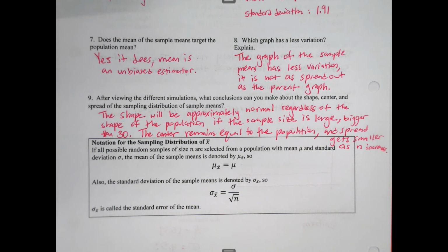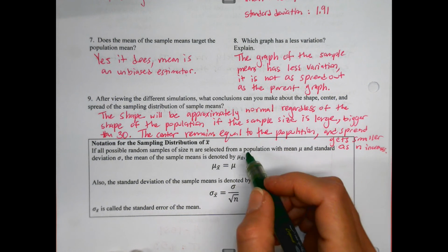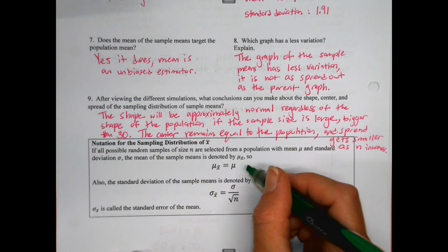Here's some notation for our sampling distribution of our means. If all possible random samples of size n are selected from a population with a mean of mu and a standard deviation sigma, the mean of the sample means is going to be denoted mu sub x bar.